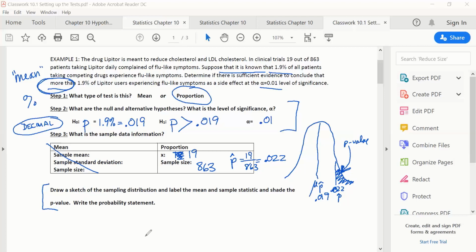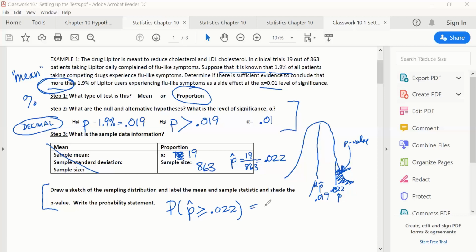Any questions? So what is the probability statement we're looking at here? We want to know the probability that our p-hat being 0.022 is extreme enough. So greater than or equal to 0.022, we want to know about that probability.